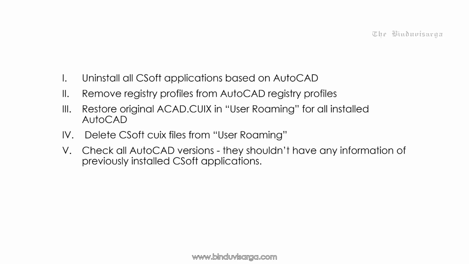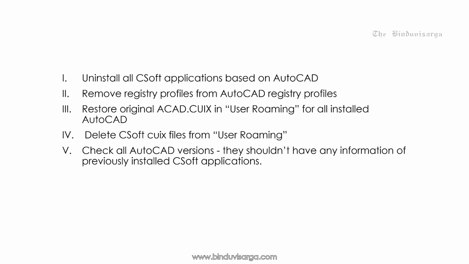Step number 1. Uninstall all CSoft applications based on AutoCAD. Number 2. Remove registry profiles from AutoCAD registry profiles. Number 3. Restore original ACAD.CUIX in user roaming for all installed AutoCAD. Number 4.